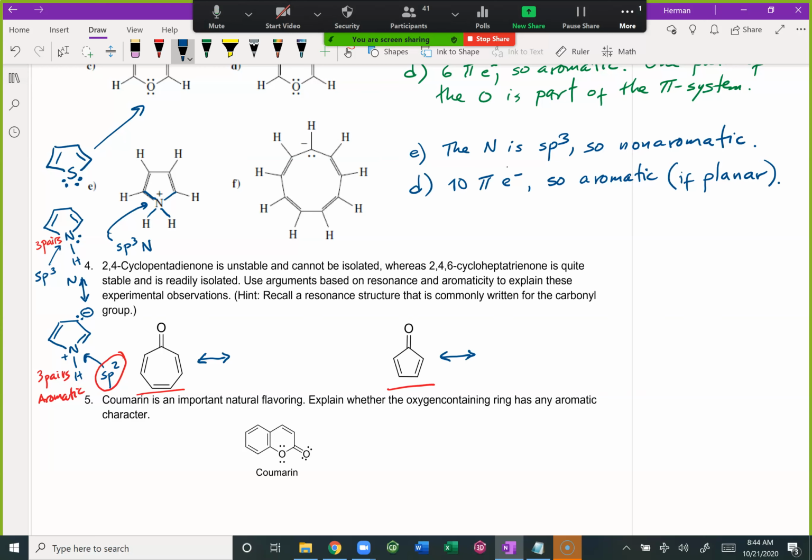So that's what we're going up against here. So this is a 7-member ring. I go draw my 7 carbons there. This one is easy. I just had to draw 5, like a home plate almost. No, the pentagon. All right. Then I'll keep my double bonds where they are.